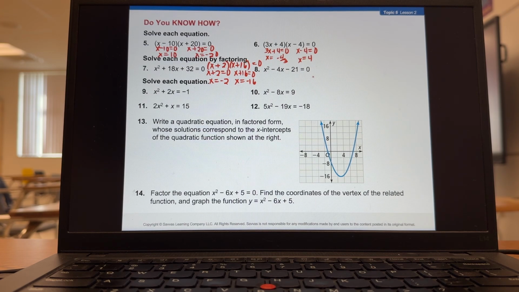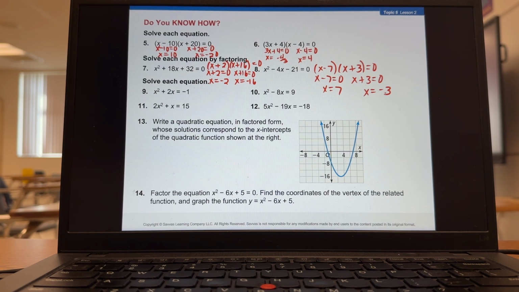For number 8, what two numbers, when you multiply, give you a negative 21, and when you add them together, a negative 4? x minus 7 and x plus 3. x minus 7 equals 0, x plus 3 equals 0, x equals 7, x equals negative 3.